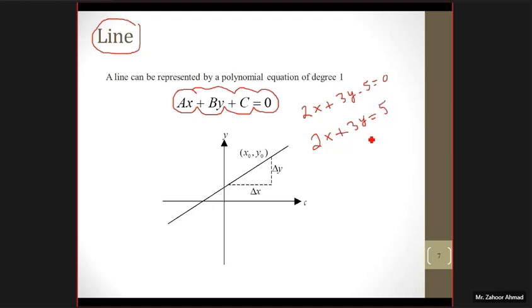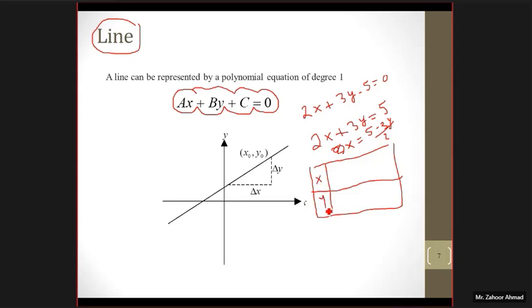So what you are going to do here, you will make a table like this. I can say 2x is equal to 5 minus 3y, and then divide both sides by 2. But then you will see x and y.